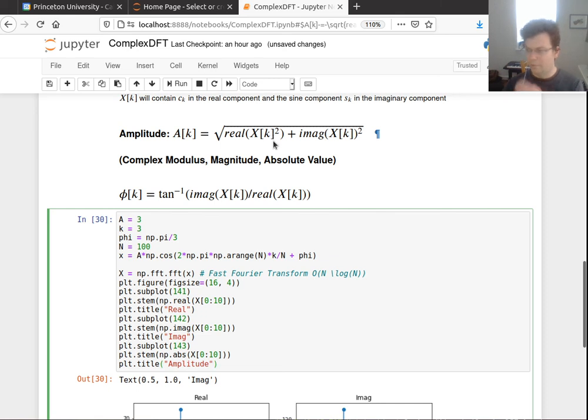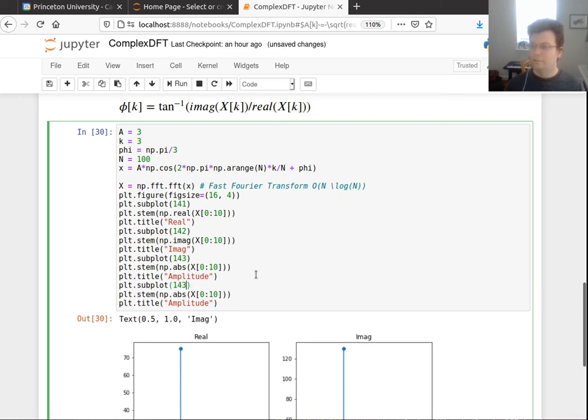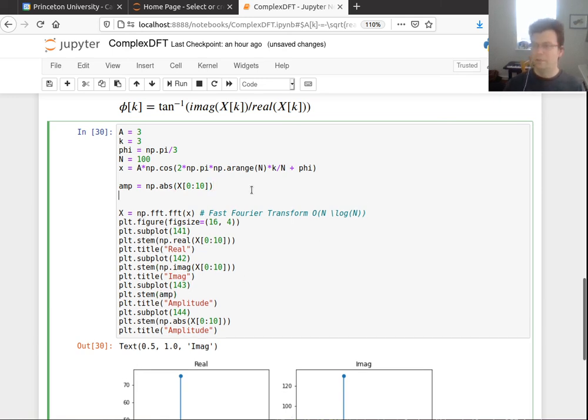I'll also do the phase, which might be a little noisy because most of these are 0. Let me define the amplitude as a variable up here. I'll also say that the phase is, as I said, the arctangent of the imaginary component over the real component. So I'll start by plotting the phase down here, but I'll show you there's a problem numerically.